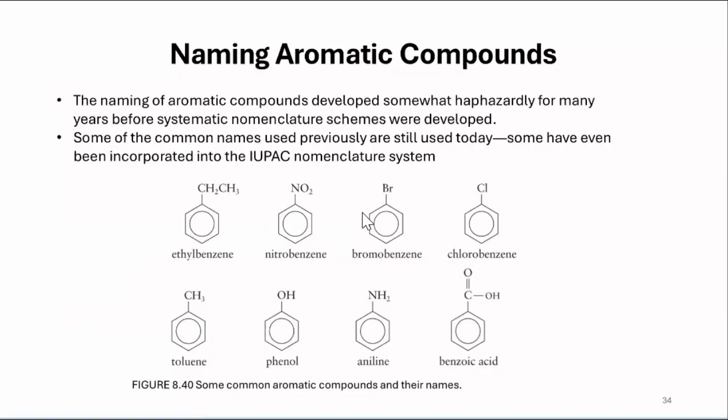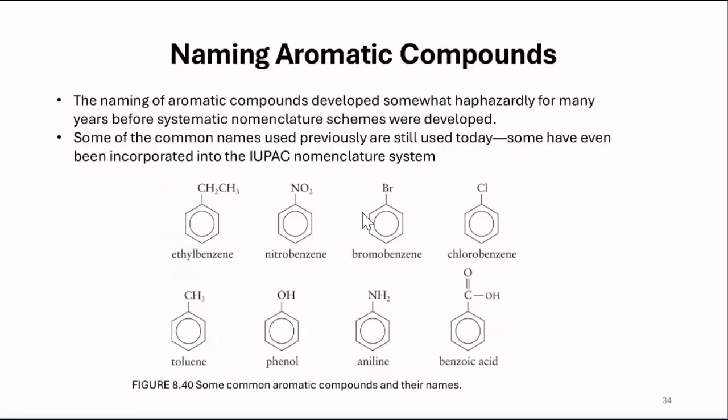So when we look specifically at some common aromatic compounds and their name, we can observe that based on our knowledge of naming molecules, the following aromatic compound has a benzene ring, which is going to be our parent chain. It has an ethyl group. So having one substituent in a benzene ring tells us that we're going to write the name of the substituent followed by the word benzene. So this is ethylbenzene.